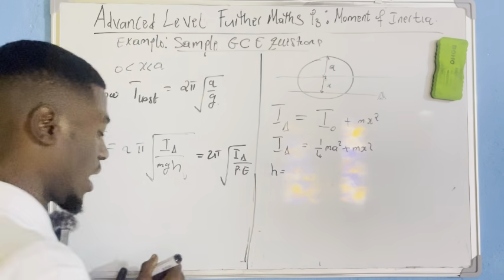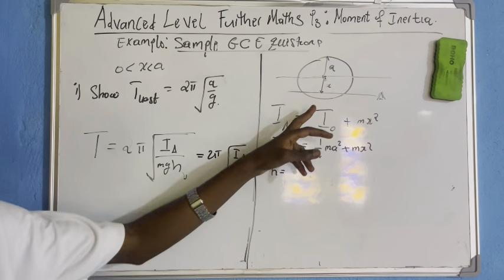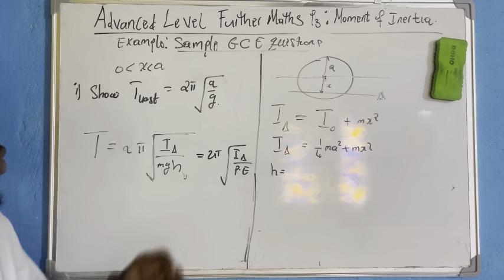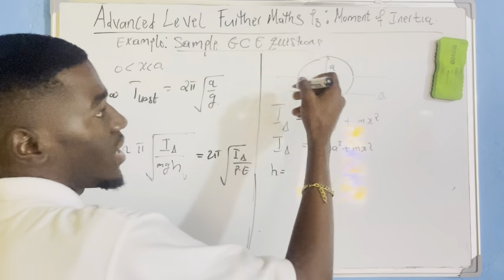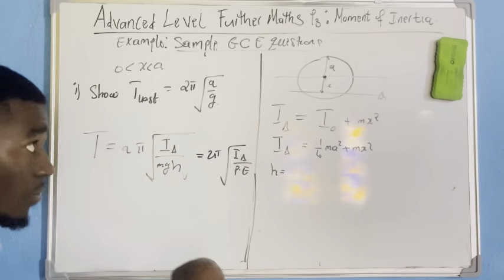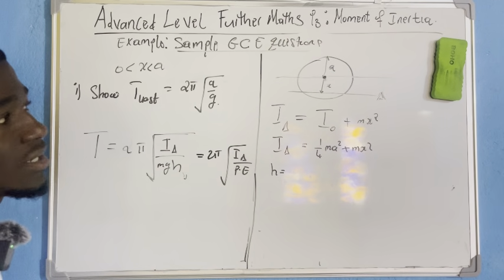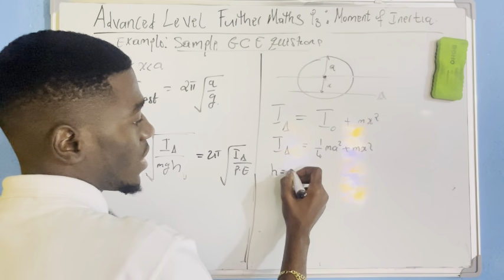Now h will be what? I told you that h is the distance from the center of mass of the system to the axis of rotation. The center of mass of a disc should be at the center. The mass will be mostly concentrated at the center of the disc. Then from that center of mass to the axis of rotation is x, so that distance is x.